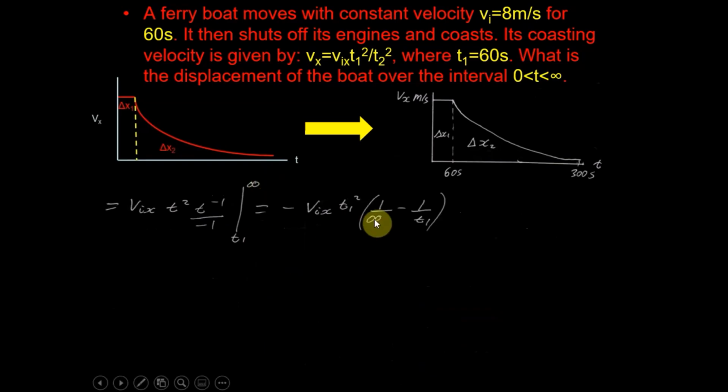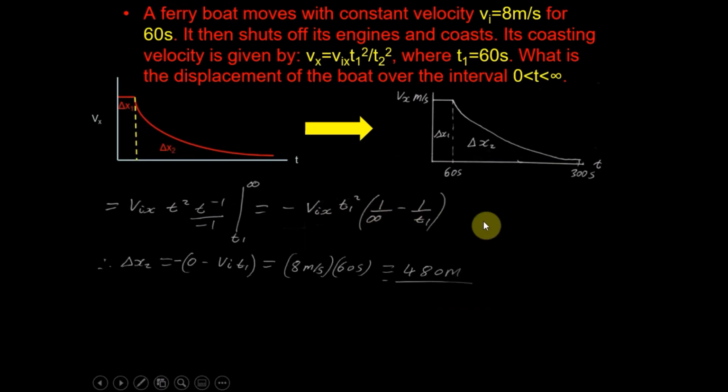Here's our limits. We'll end up with v_i t1 squared times 1 over t1 minus 1 over infinity, which is essentially 0. This will be v_i times t1, which will give us 8 times 60, which is 480 meters. That's a very complicated way of just essentially doing s equals vt, but I just wanted to run through the calculus of the situation just once.